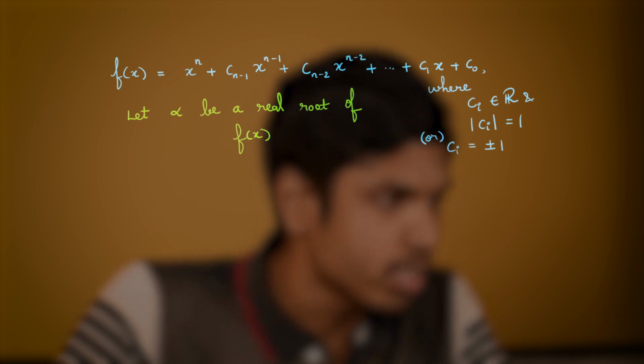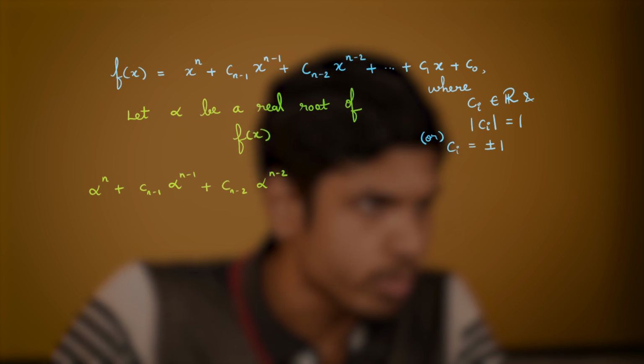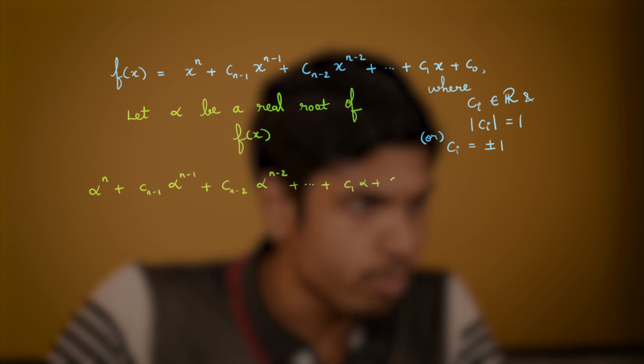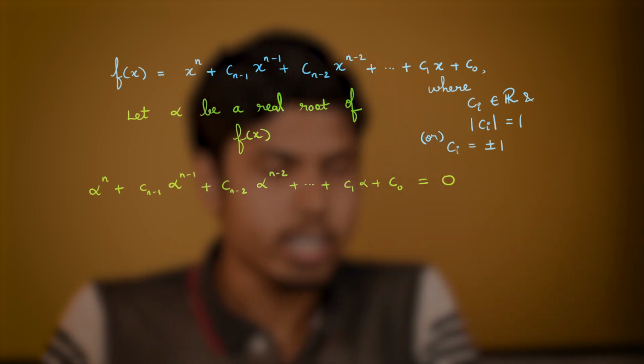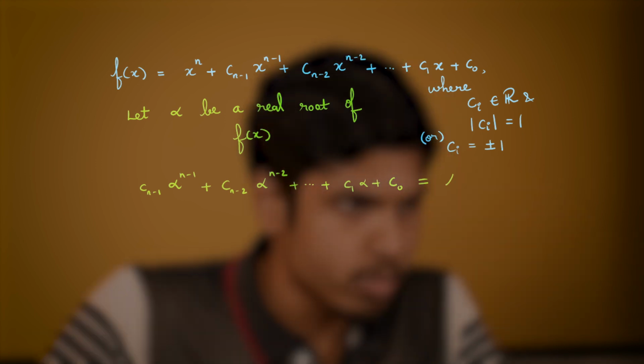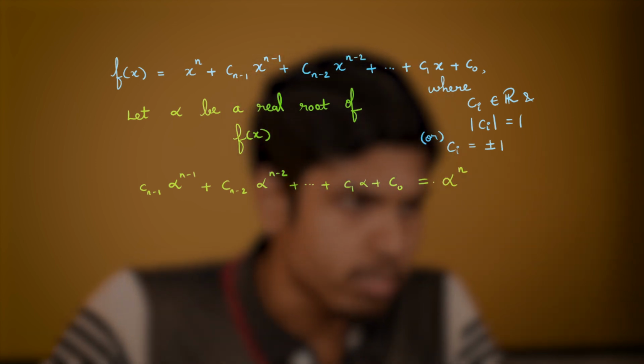So, substituting it, we get alpha^n plus c_{n-1} alpha^{n-1} plus c_{n-2} alpha^{n-2} all the way till c_1 alpha plus c_0 equals 0. So let's move the alpha^n to the RHS. So this is equal to alpha^n with the negative sign.